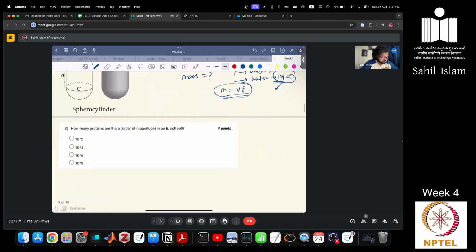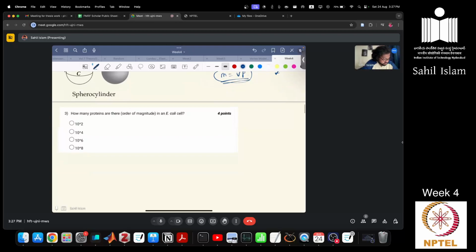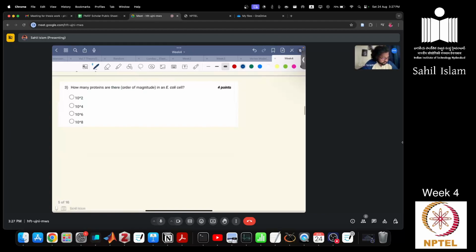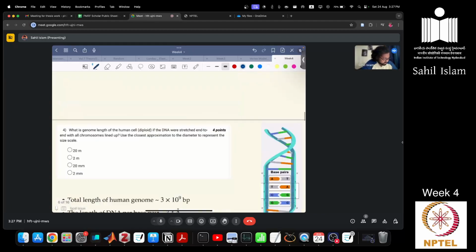So we'll go to the next question. How many proteins are there, on the order of magnitude, in an E. coli cell?